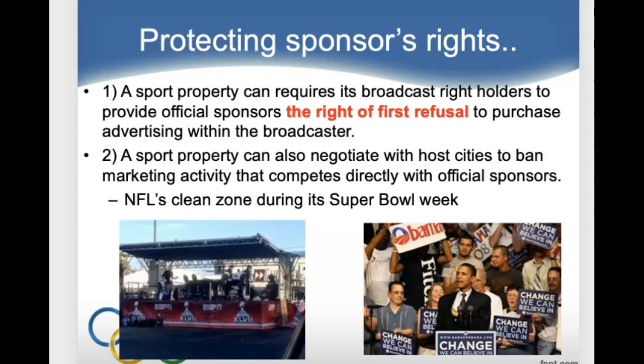When they sign a contract with the Super Bowl hosting city, they require the city to contain this area for the official sponsors. They say that within 2 miles of the stadium, you are not allowed to have any of these competitors' advertisings. This strategy has been in use since 2007. The goal is to protect your sponsors' rights.